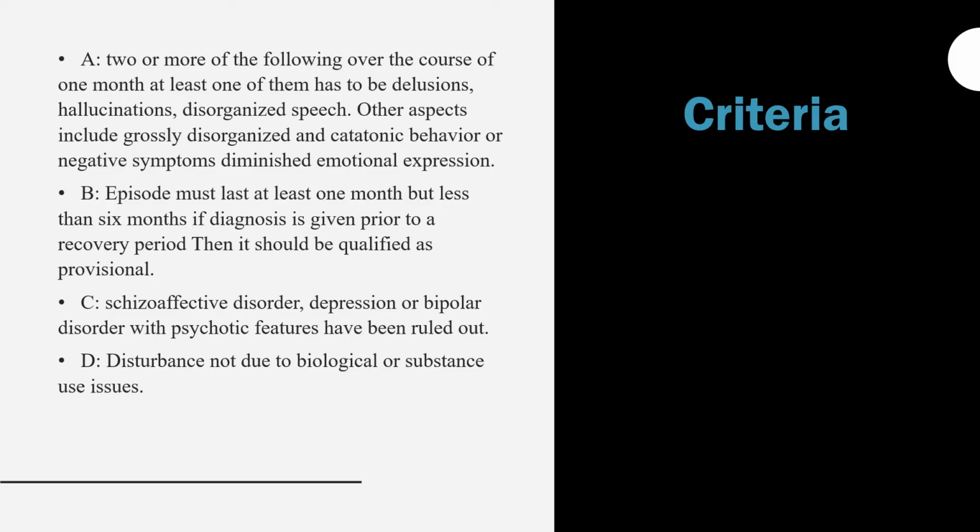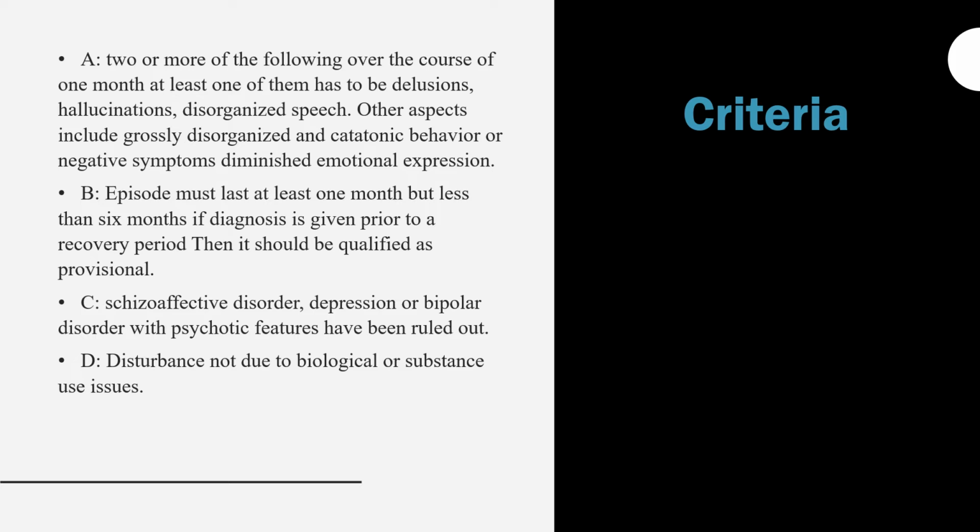And so we're moving into another one. We now have F20.81, schizophreniform disorder. This one is kind of unique. The criteria here has 4 categories, A, B, C, and D. A is important: 2 or more of the following over the course of 1 month, and at least one of them has to be present: delusions, hallucinations, disorganized speech.